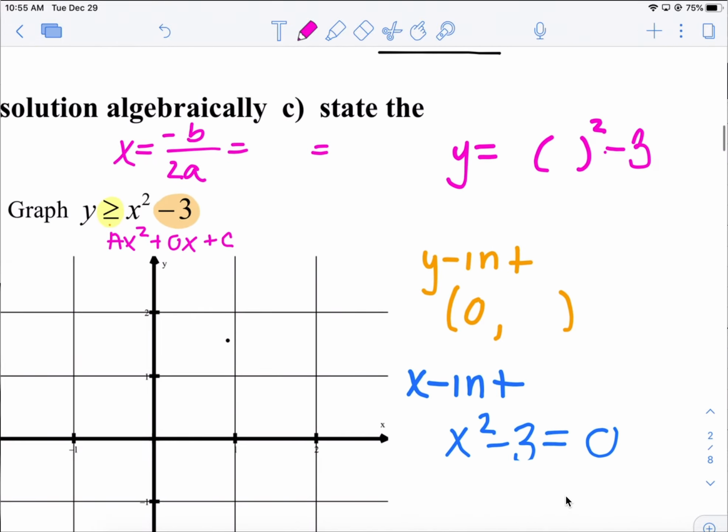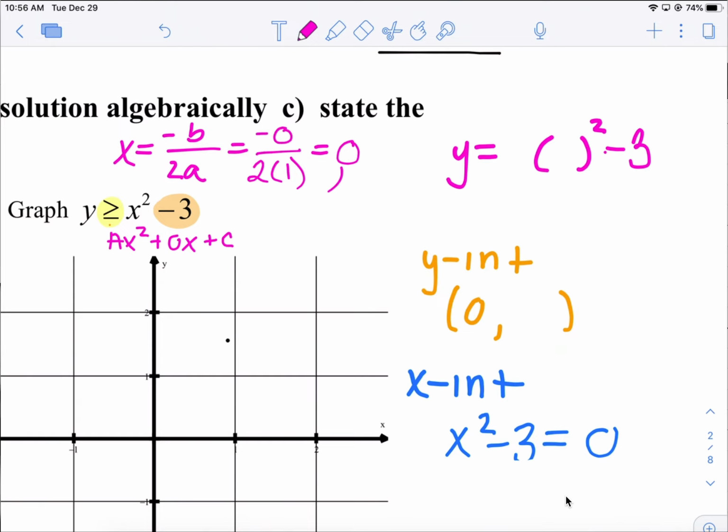Let's do the second problem the same way. I'm finding my vertex. I need the x first, and I do that by using negative b over 2a. If I wrote this out in standard form, which it is, x squared minus 3, there are no x's, so that's a 0. So my b is a negative 0. My a is the number in front of x squared, that's just a 1, so 2 times 1. Well, it doesn't really matter because 0 divided by anything is 0. That's the x part.